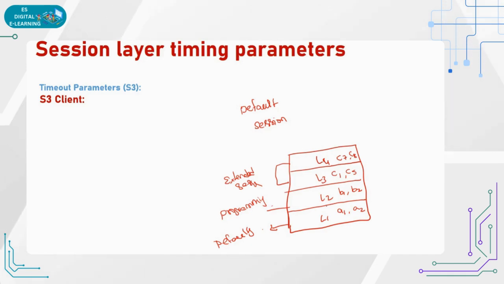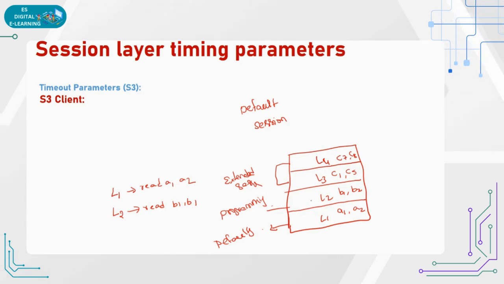If I need to read the value of A1, A2, I need to go to L1 and read it. If I try to read the value of B1 and B2, I can read it from L2.